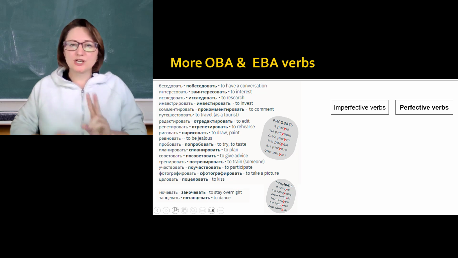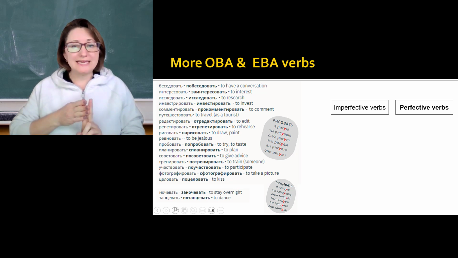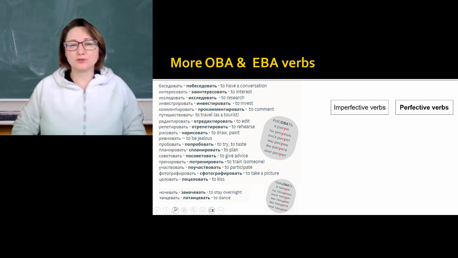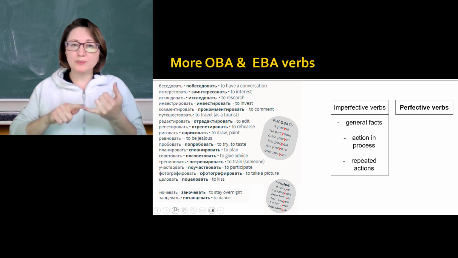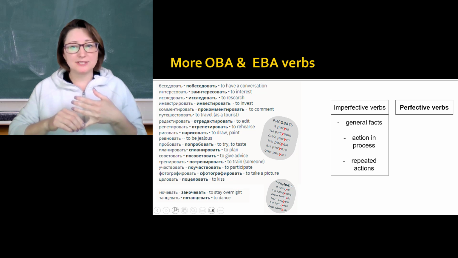Now, in the two Russian verbs, one represents the imperfective aspect of the verb, and this is the aspect we use when we talk about general facts. For example, I like having conversations. Just in general, I like talking to people, and that would be я люблю беседовать.